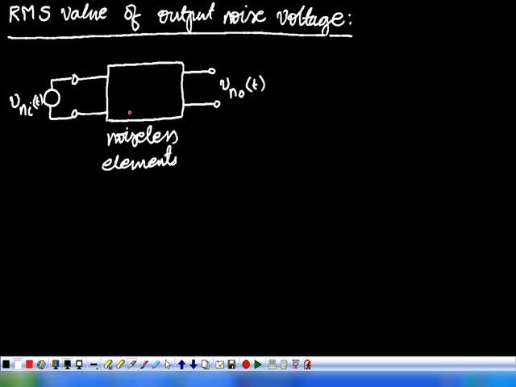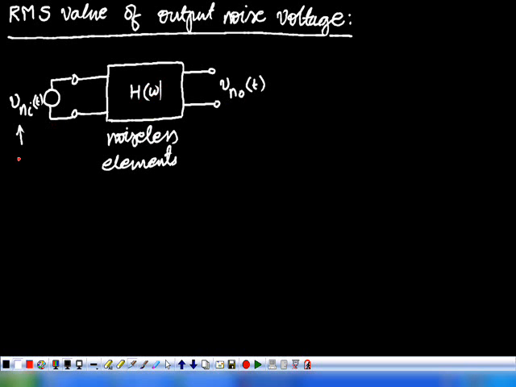So here it is the noise free system or noiseless. This particular system has noiseless elements. When you excite the network by a noise voltage, the output will also be a noise voltage. So here we are letting H of omega is the transfer function of the system, the transfer function that relates Vn0 of t and Vni of t.